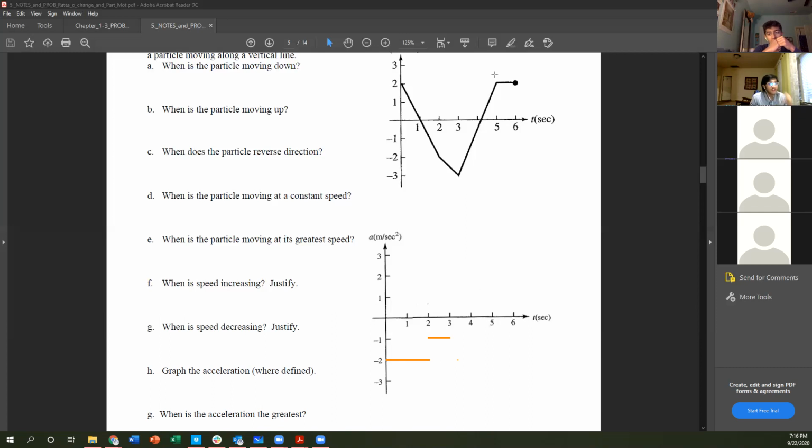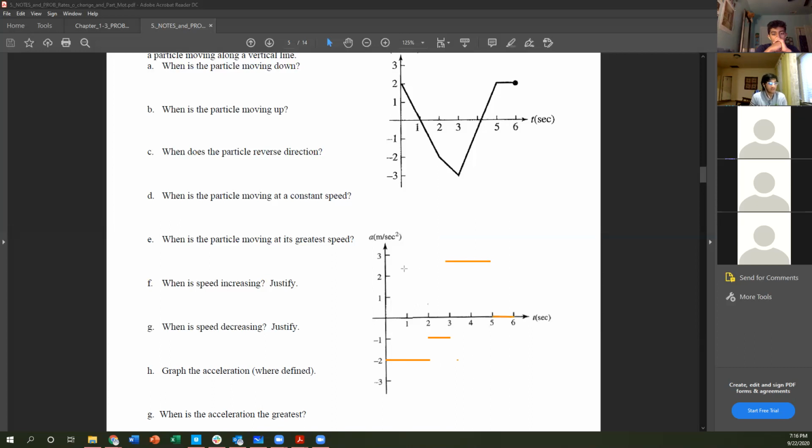And then from here to here, what's the derivative? 5 over 2 is 2.5, right? So this would be 2.5 from 3 to 5. And then from 5 to 6, it's just 0.